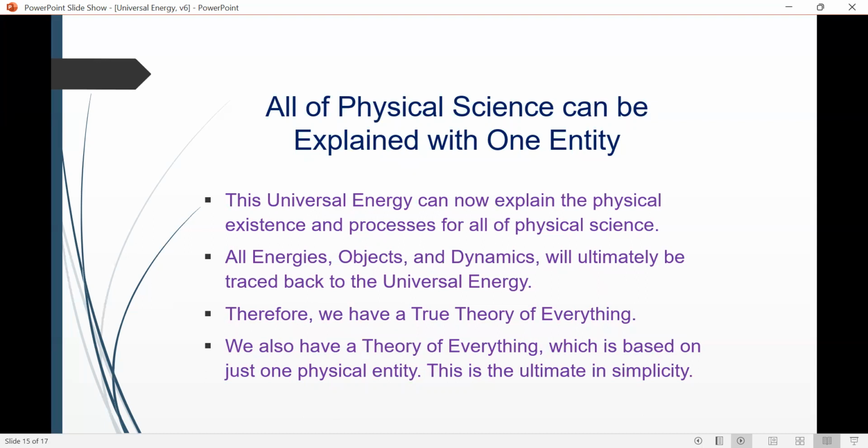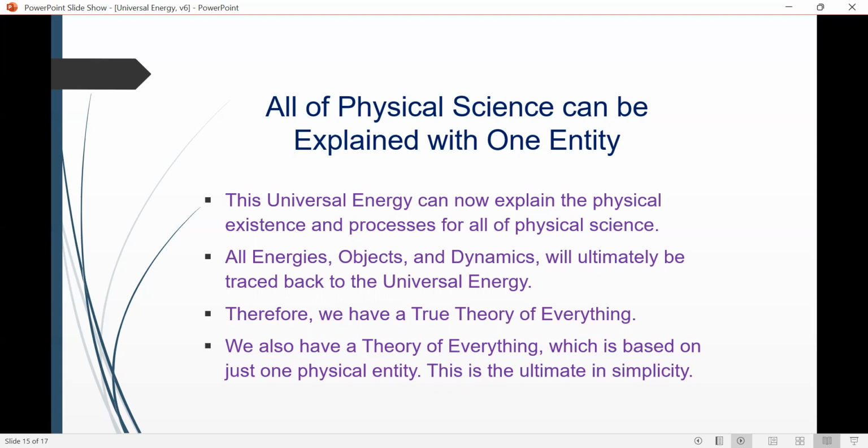Now we get back to linking the universal energy to the theory of everything. This one universal energy can now explain the physical existence and processes for all physical science. That means we have a simple concept that can explain every observation, every entity. That is a true theory of everything. Furthermore, we base it on just one concept. One.